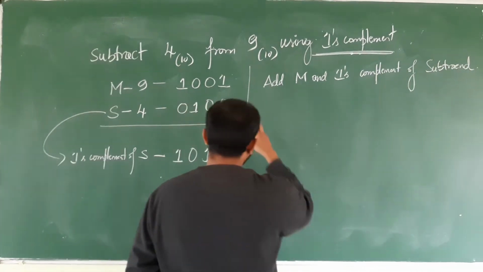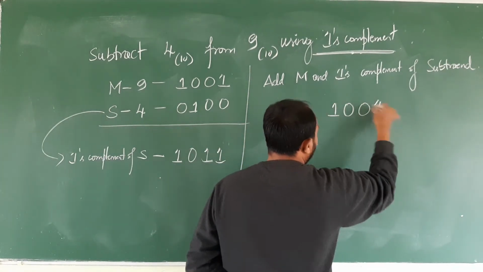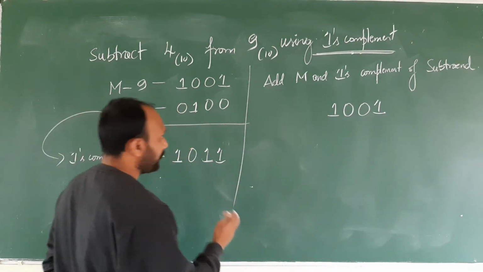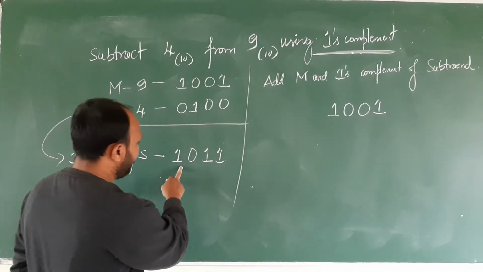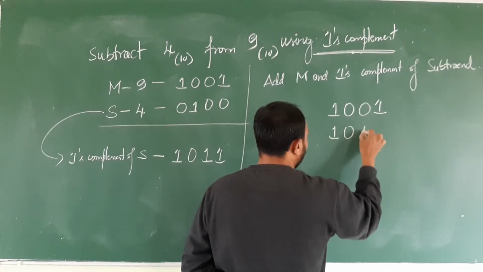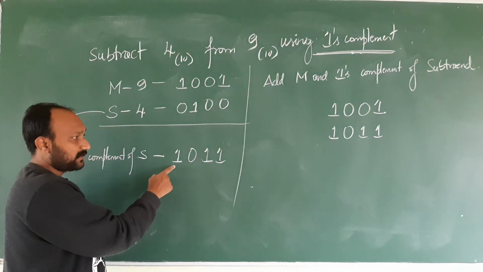The minuend value is 1 0 0 1. The 1's complement subtrahend value is 1 0 1 1. This is the 1's complement of the subtrahend value.